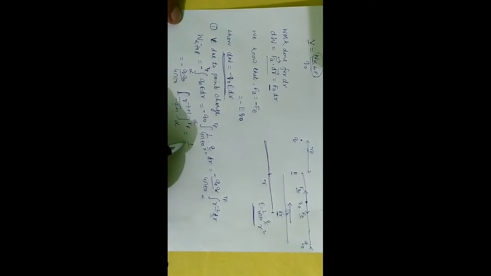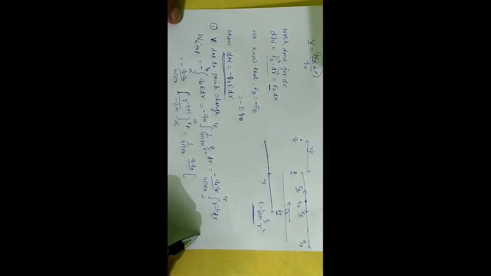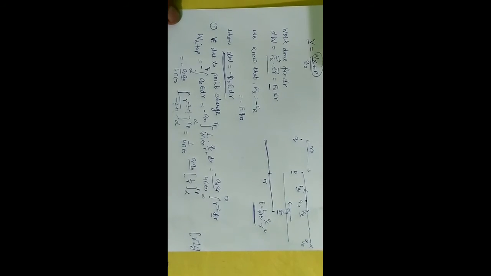It becomes 1 upon 4 pi epsilon naught Q naught, no, this is r raised to power minus 1. If it is r raised to power minus 1, it is 1 by r. So 1 by r, we put the integral, this is your Rp. So after solving it, what do we get?